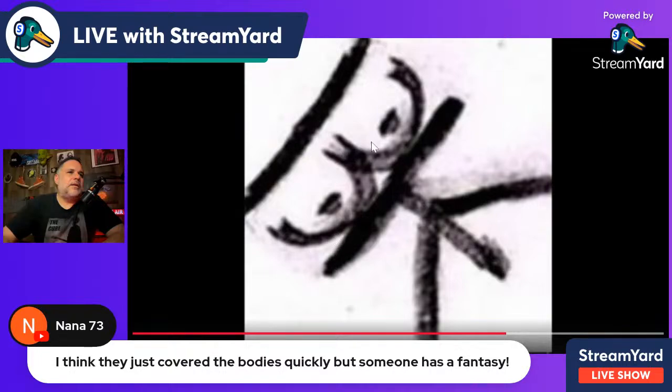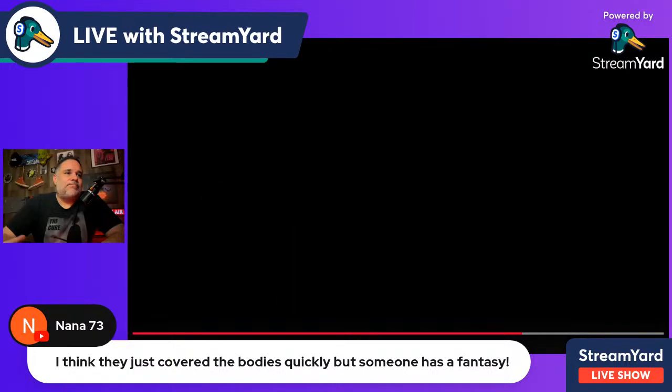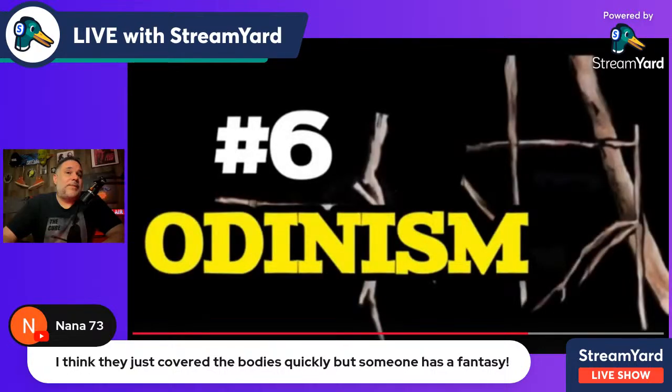So that was the signature used by BTK. Just a random thought, maybe in the Delphi case, that arrangement of sticks could be the same type of thing. What if it was a signature of the killer? What if he's trying to say, hey, this is me, this is the person who committed the crime, try to figure out what my name is.